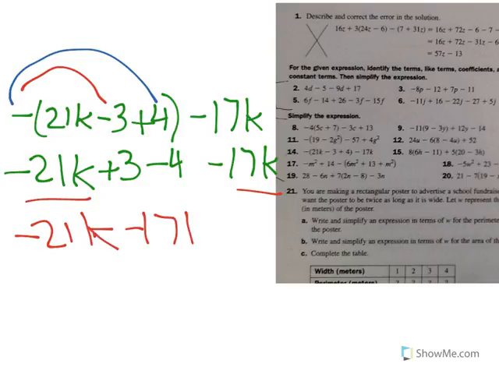If you want, you can even rewrite these out like that. Negative 21 minus 17k, that's going to be negative 38k. And then for the rest of it, it's going to be 3 minus 4. So 3 minus 4 is just going to be negative 1. So negative 38k minus 1 is going to be your answer there.